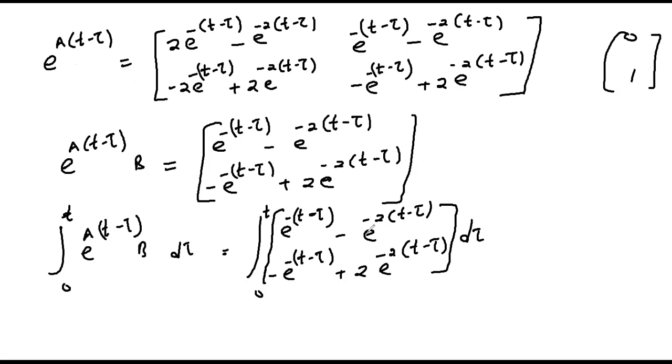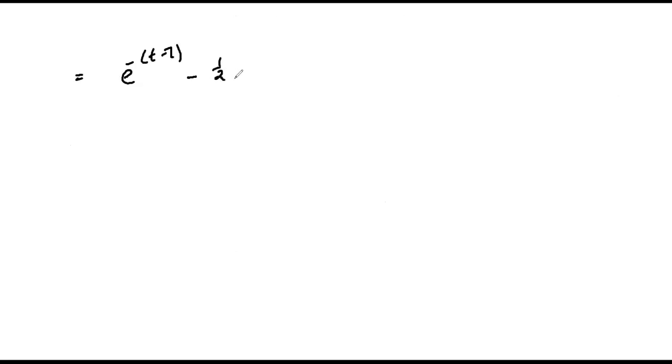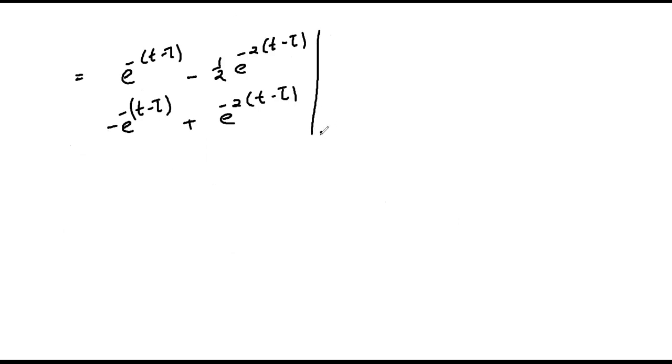This is minus, this is negative, so it will be minus a half, minus a half exponential minus 2(t minus tau). Then the other one will be negative exponential negative (t minus tau) plus exponential minus 2(t minus tau). And the limits are from 0 to t.